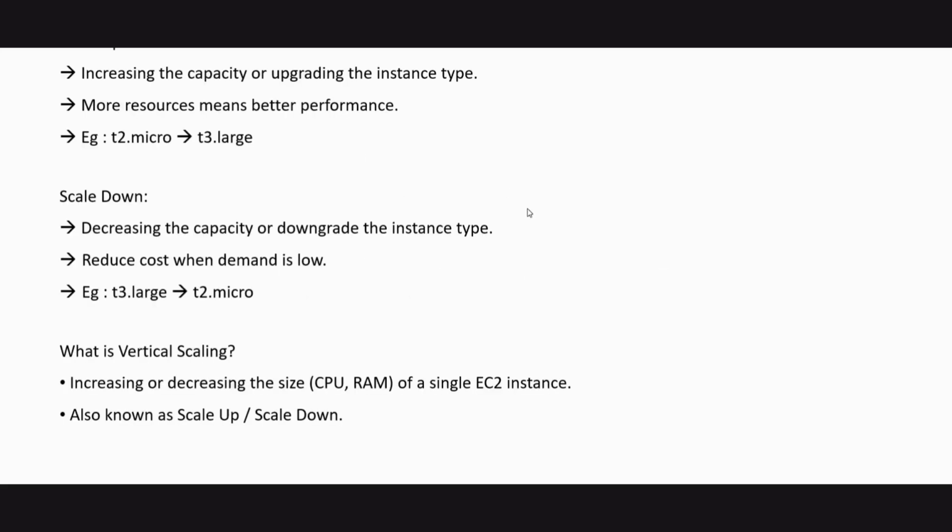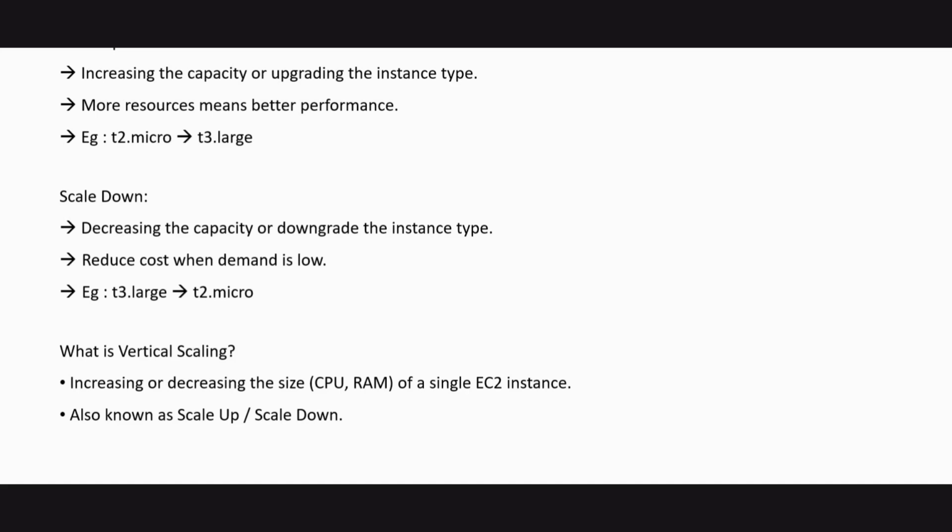That is called scale up. Increasing the capacity is nothing but scale up, or upgrading the instance type. By creating the virtual machine, I gave it a T2 micro instance type, which is 1 virtual CPU and 1 GB RAM.